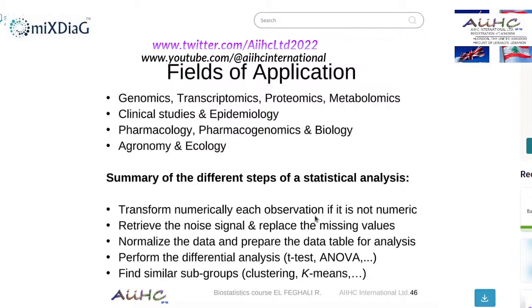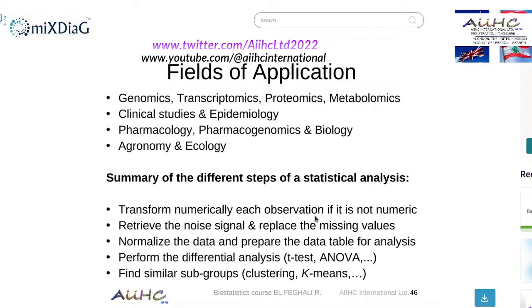Retrieve the noise signal and replace the missing values. Whenever you see some discrepancies in your data, you will see this in your box plot. If you have some missing values in your database, for some cops you haven't assessed the violence, for example, it will be a missing value.